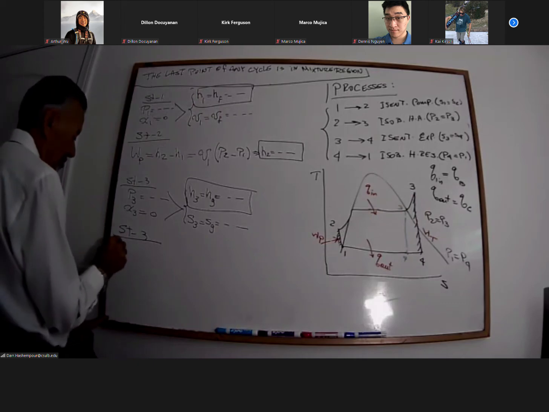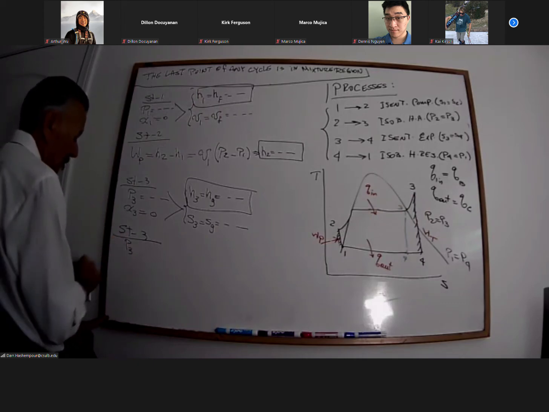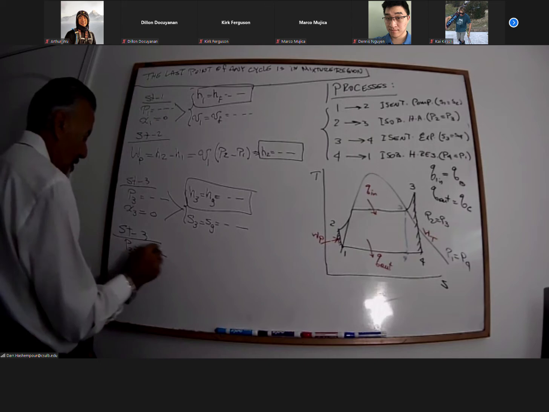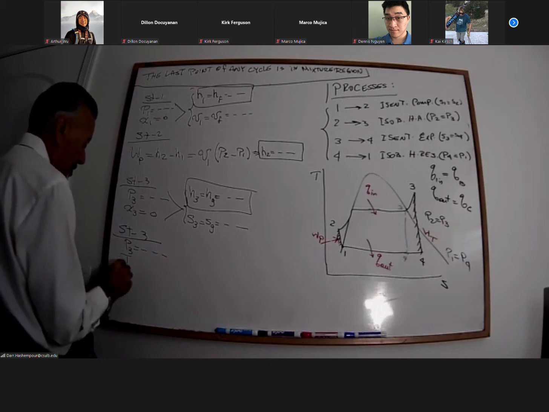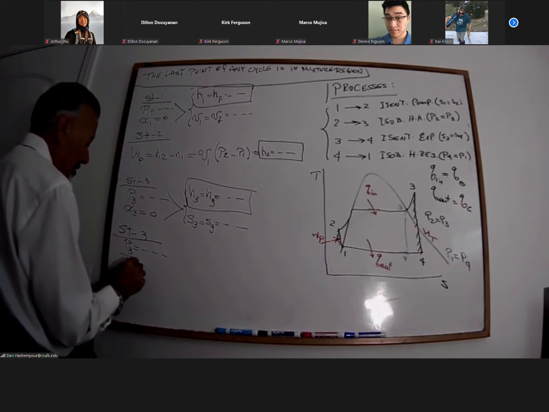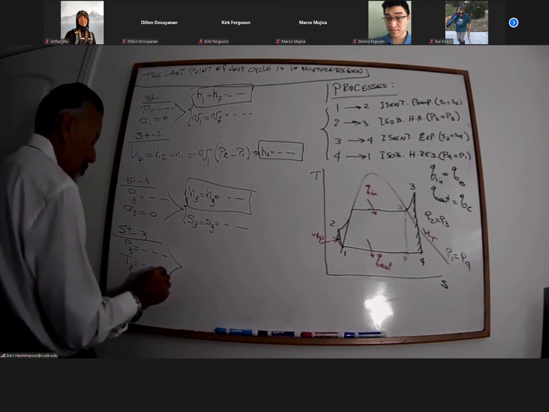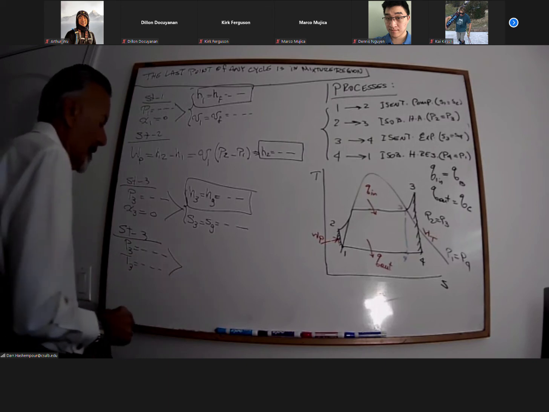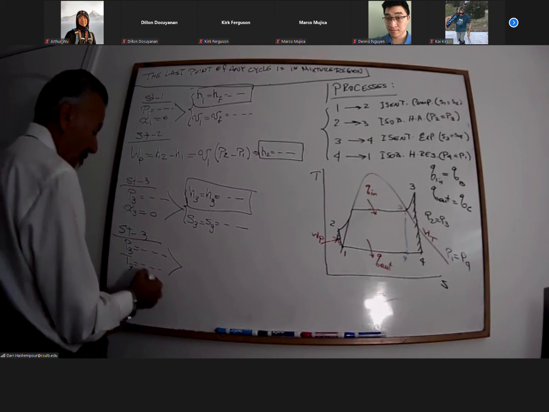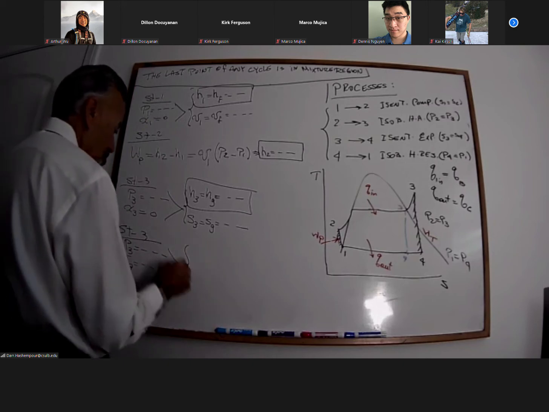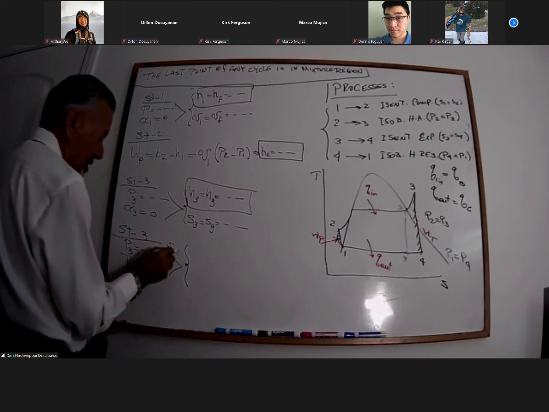For there, I need to have 2 points of reference. I have to have P3, also T3. These are the 2 points of reference. Based on these 2 points of reference, I go to the superheated table.